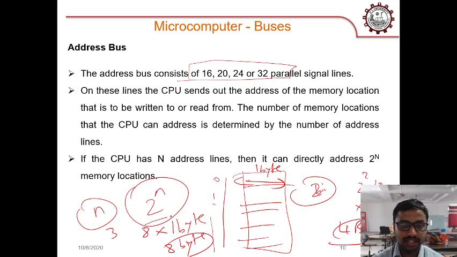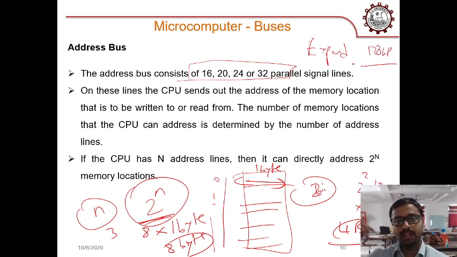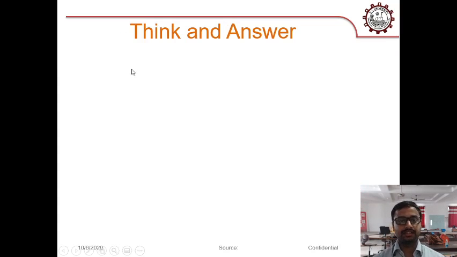That is decided by the width of your address bus. Or one best example, you have an SD card which is expandable up to 128 GB. Why can't it be expandable more than 128 GB? Because the address bus can't go to that address. It only understands this number of addresses.